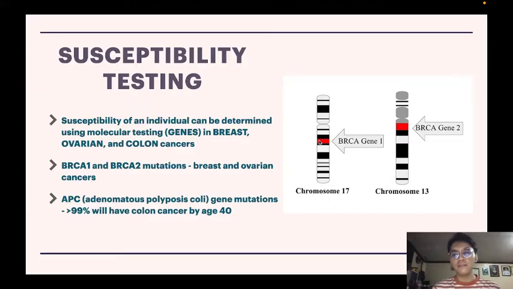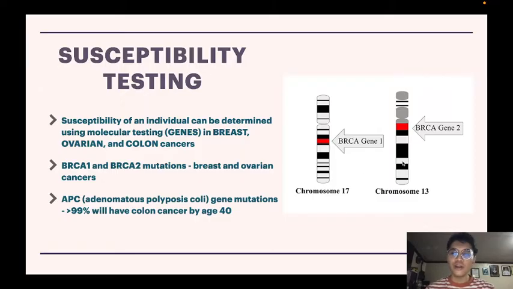So when you test the genes and there is a mutation in the BRCA1 or BRCA2 gene, you can say she is very susceptible. So in the future she might have breast cancer. So she underwent prophylactic mastectomy. She had her breasts removed right away so that breast cancer would not grow, even though she didn't have breast cancer yet, right?